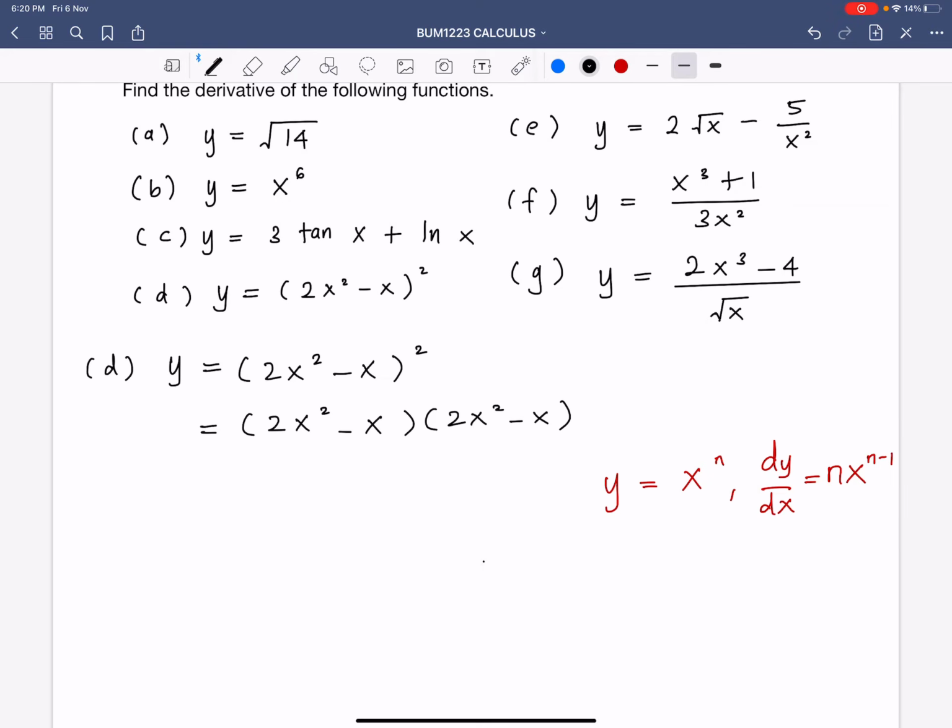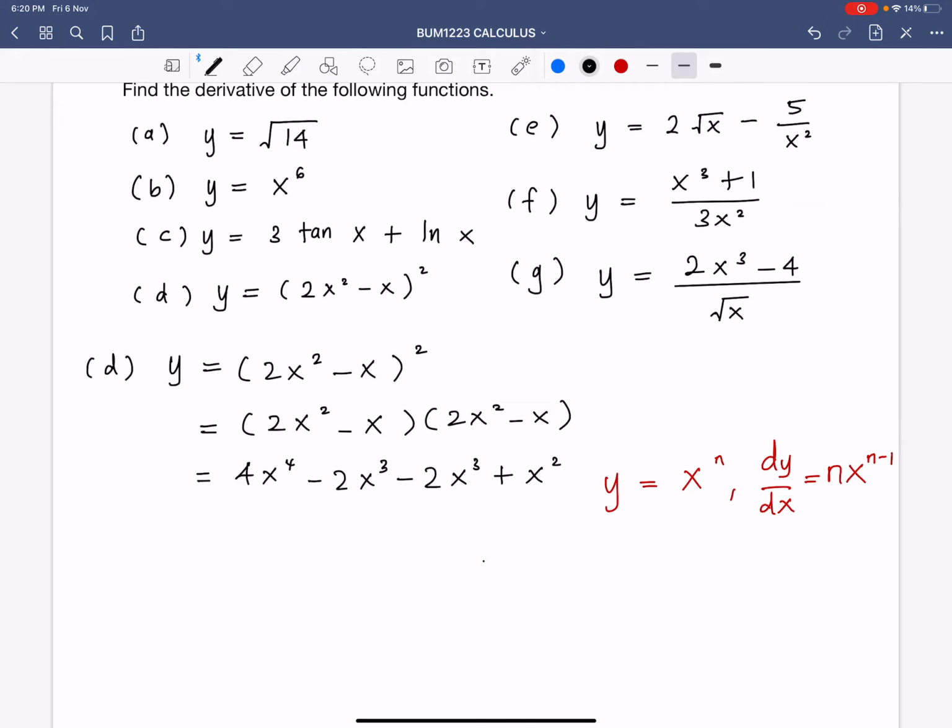In order to differentiate this function, we have to expand. Therefore, 2x squared times 2x squared is 4x power of 4. And then 2x squared times minus x is minus 2x cubed. And then minus x times 2x squared is minus 2x cubed also. And then minus x times minus x is positive x squared.